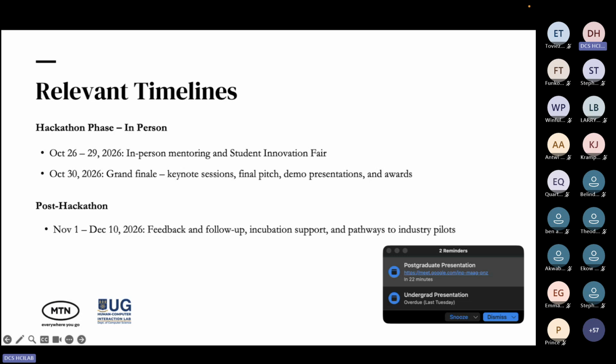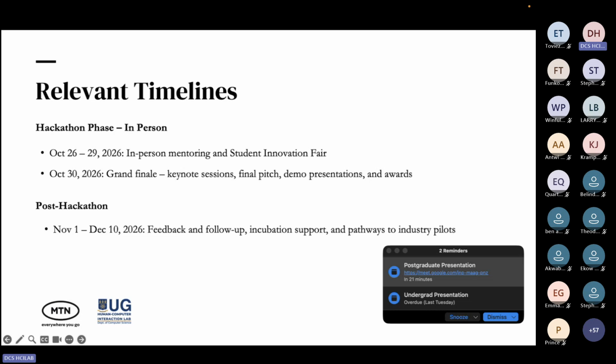This is where the teams will present their solutions to the wider audience, and we'll have judges who would assess you accordingly. While the in-person mentoring is going on, we are also expecting to have a students' fair, running concurrently with the in-person mentoring sessions.